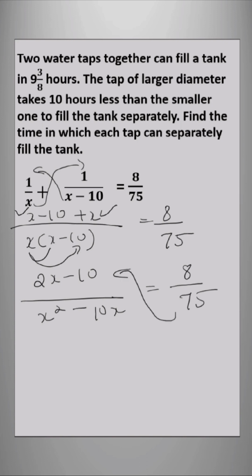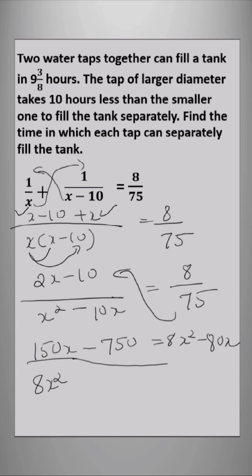150x minus 750 is equal to 8x square minus 80x. Now let us write it in the standard form, 8x square. Now let us transpose to this side. Negative of 150 plus 80, negative of 230x.